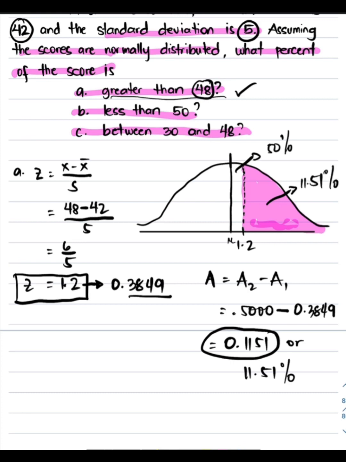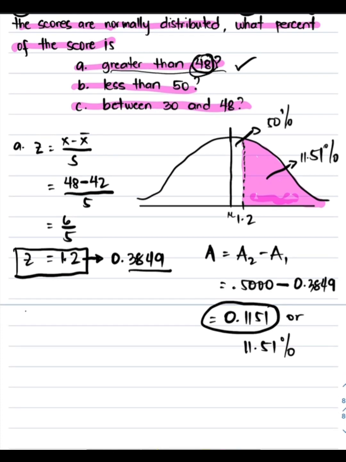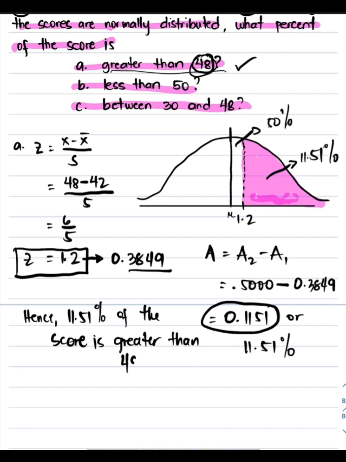So, this area is 11.51%, greater than 48. So, therefore, or hence, 11.51% of the score is greater than 48.